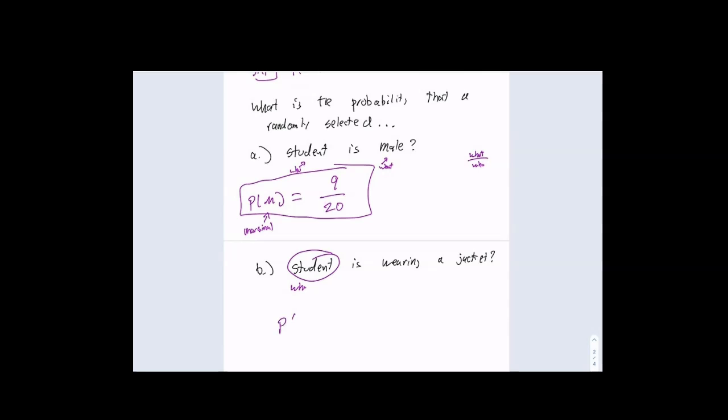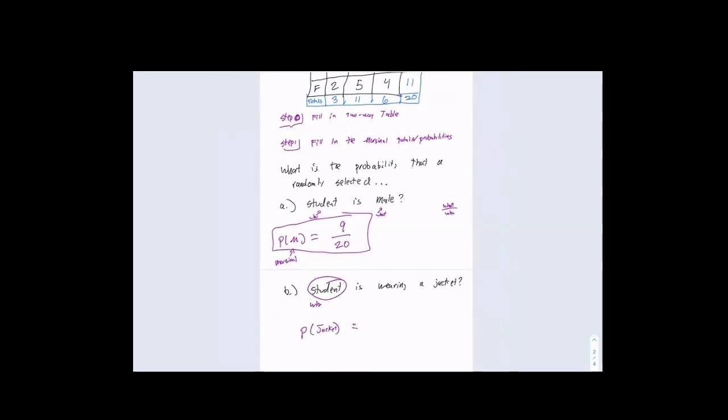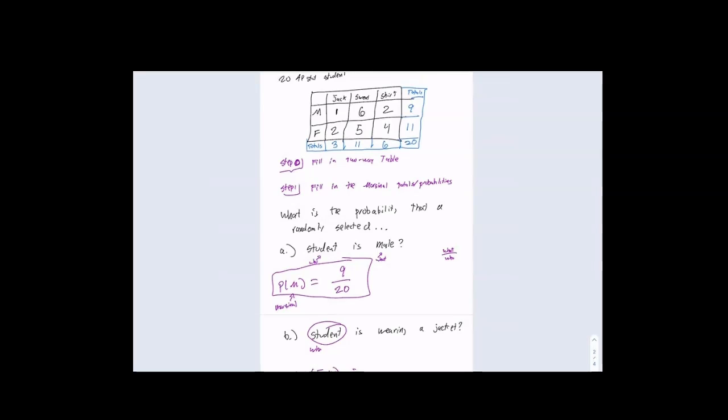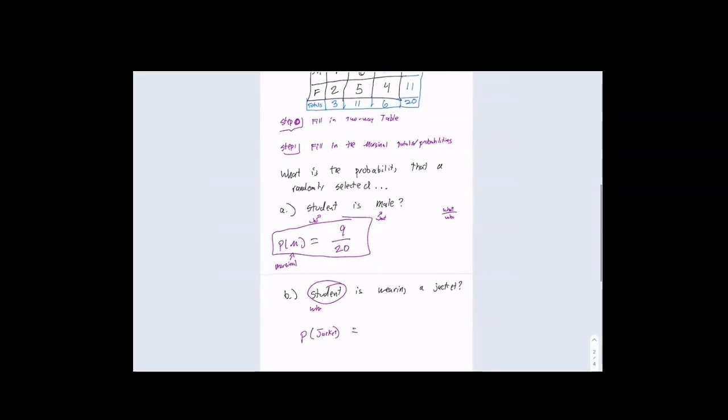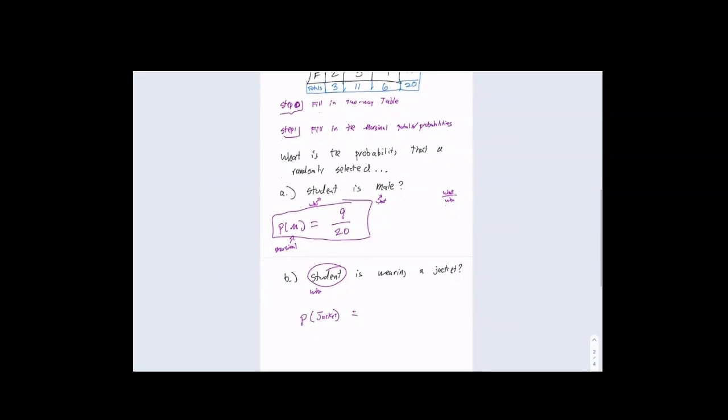So using the notation, I would say the probability of a jacket, and I could say J because there's only one thing that says J. And if I want to spell the whole thing jacket, that's also fine. The probability of a jacket wearer would be 3 of 20. 3 total jacket wearers out of 20. So this is a column, another marginal, and so we get 3 over 20.